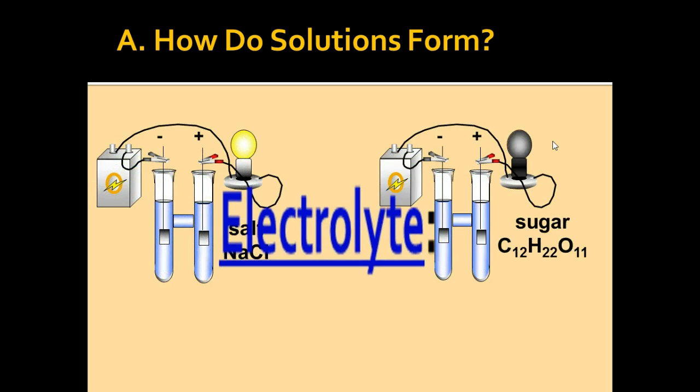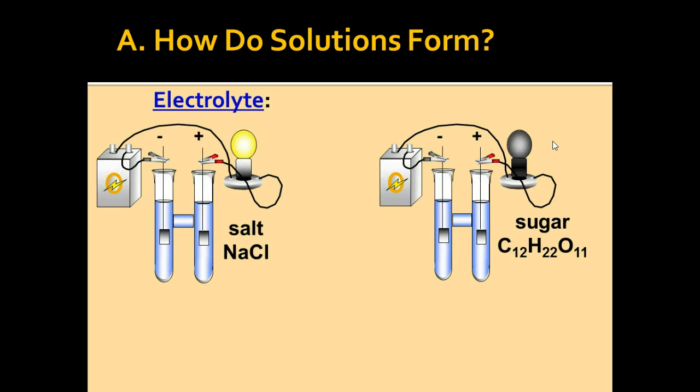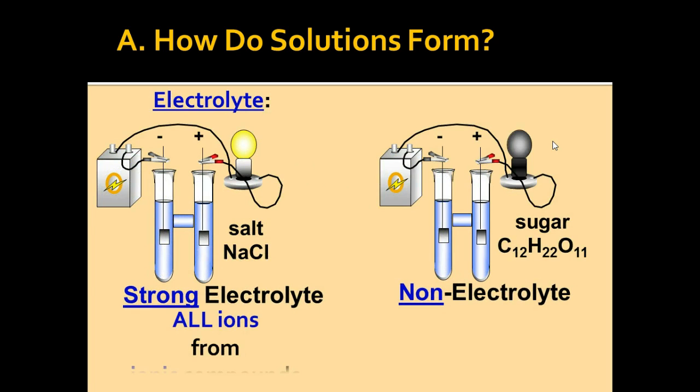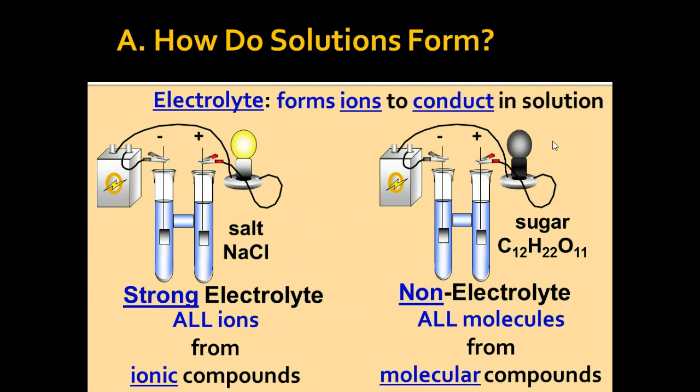And now we're going to be talking about electrolytes, which are types of solutions. Electrolytes form ions to conduct electricity, usually in a solution. So when you hear that Gatorade has electrolytes, it has these ions that conduct electricity.